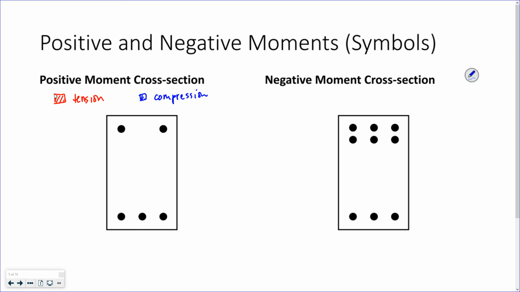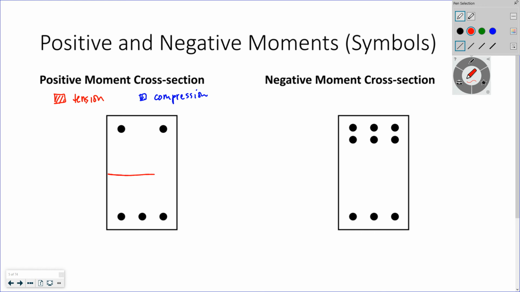So if I talk about positive bending moment, remember which side was tension, top or bottom? It's the bottom, right? So let's say this part is in tension and the top is in compression.